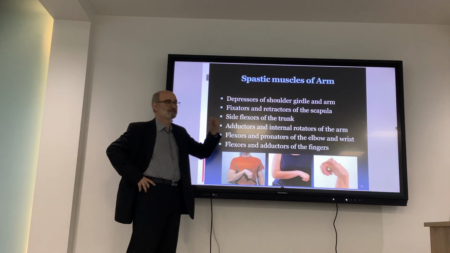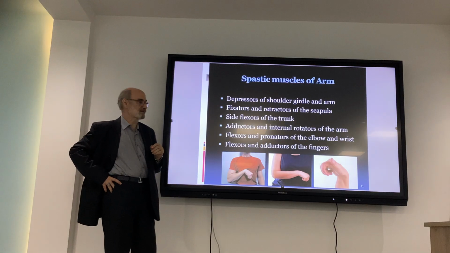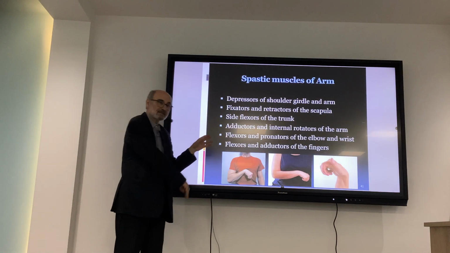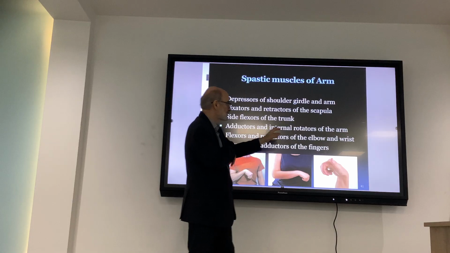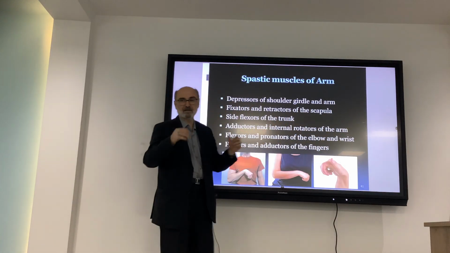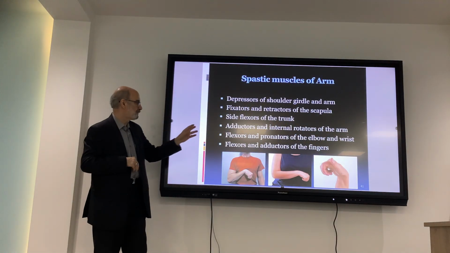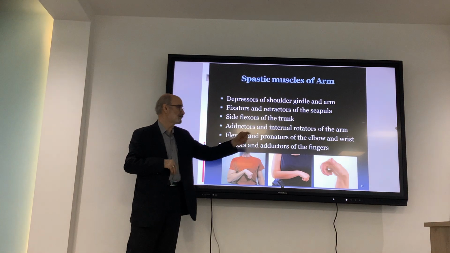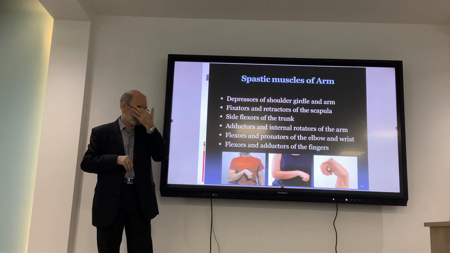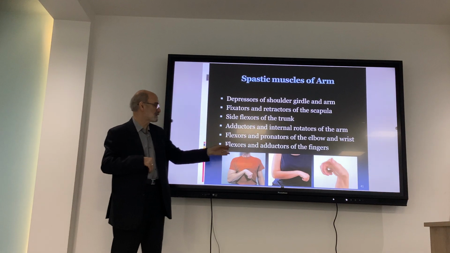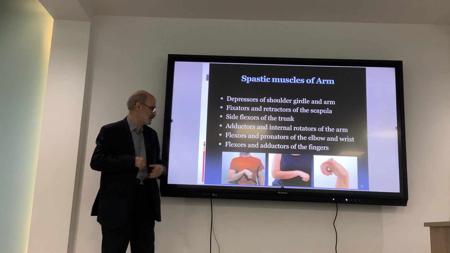Side flexors of the trunk on the affected side. Adductors and internal rotators of the arm are spastic. Flexors and pronators of the elbow and wrist. And flexors and adductors of the fingers, like that.